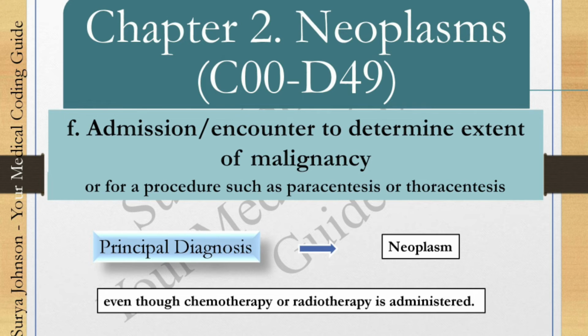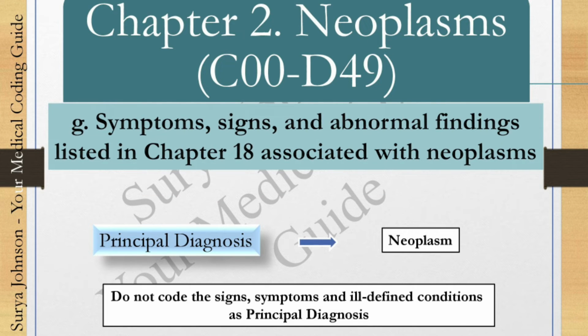So, the next one under neoplasm, G, symptoms, signs and abnormal findings listed in chapter 18 associated with neoplasm. So, what is chapter 18? It states the symptoms, signs and abnormal clinical and laboratory findings not elsewhere classified, that is the R series, R00 to R99. All the symptoms, all signs and abnormal clinical and lab findings will be listed under that R series.